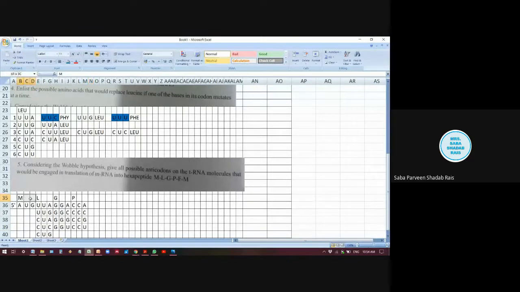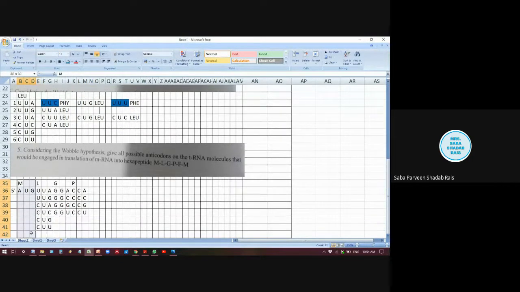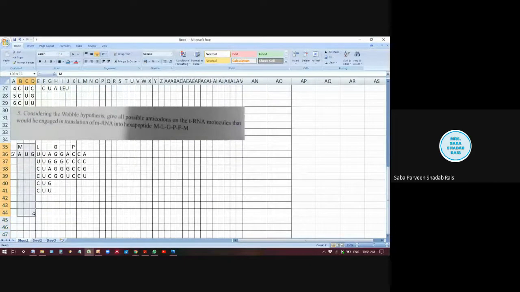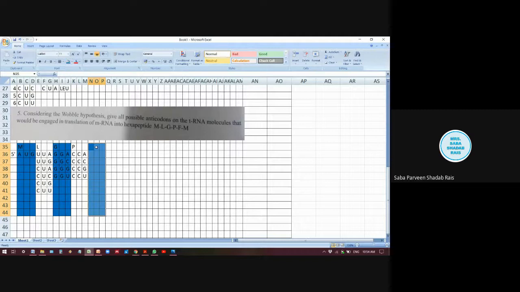What we will do, we will give one color to one amino acid, so that will be better. Then what is the next amino acid, children? Proline के बाद में क्या है?